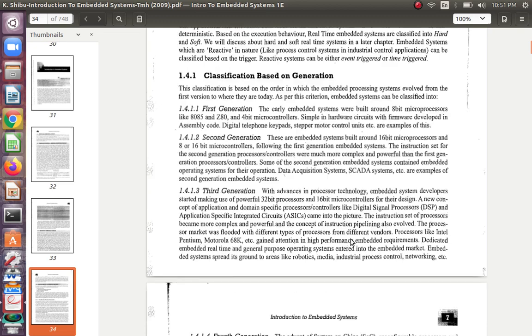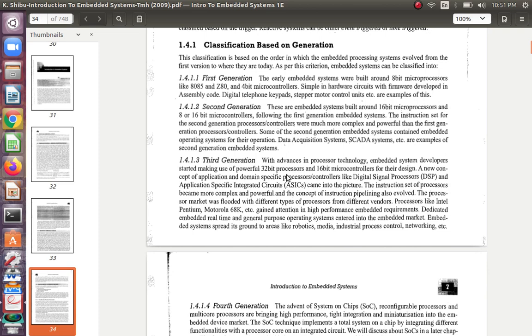In third generation, much more advancement took place and the processors were now 32-bit and microcontrollers of 16 bits. And further complex operations like digital signal processing, application specific integrated circuits came into picture.